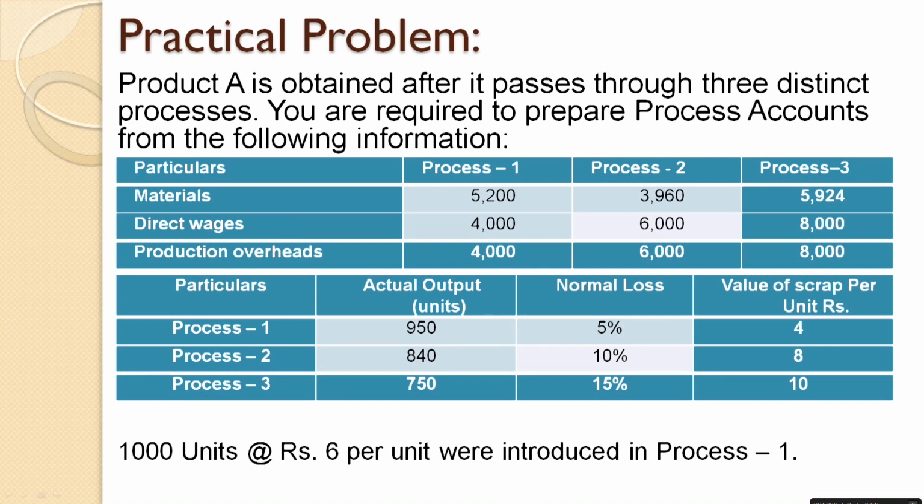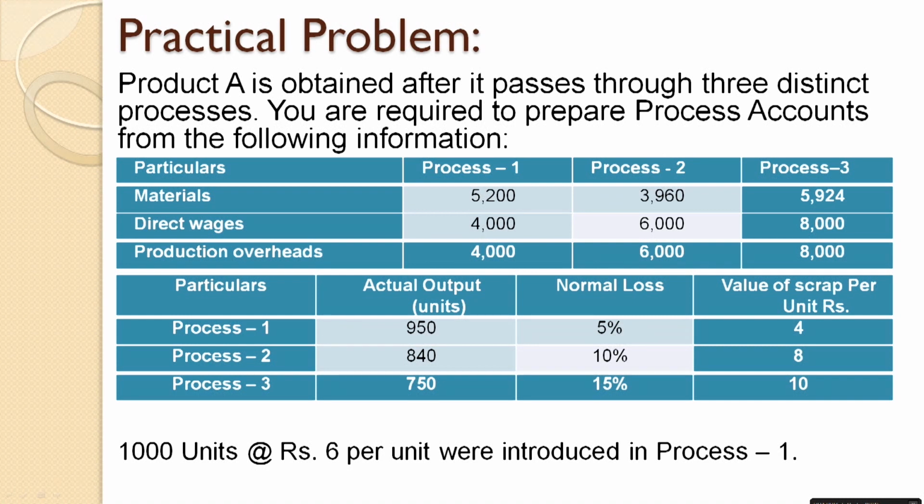We also have another important topic introduced in this problem: 5%, 10% and 15% normal losses, which are called normal wastage. Another important item mentioned is the value of scrap per unit: 4 rupees, 8 rupees and 10 rupees for the respective process accounts.